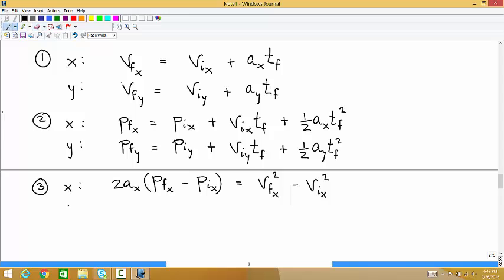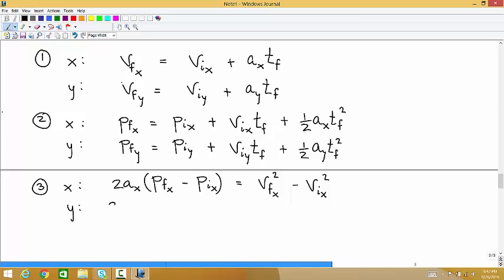And the y component equation says 2AY times the quantity PFY minus PIY is equal to VFY squared minus VIY squared.